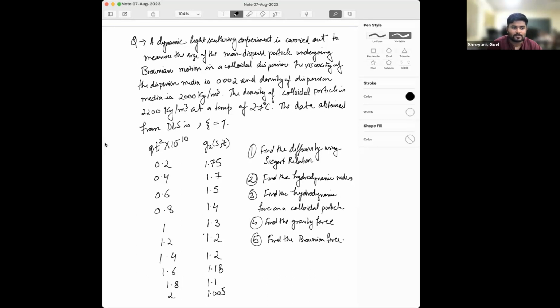So try this. I will be waiting for, let's say, 10 minutes, and after that we'll discuss it step by step. In 10 minutes, we'll discuss the first part, and we'll give you another 5 minutes for the other questions. So the first part is the diffusivity. If you get the first part, then other things you will get easily.